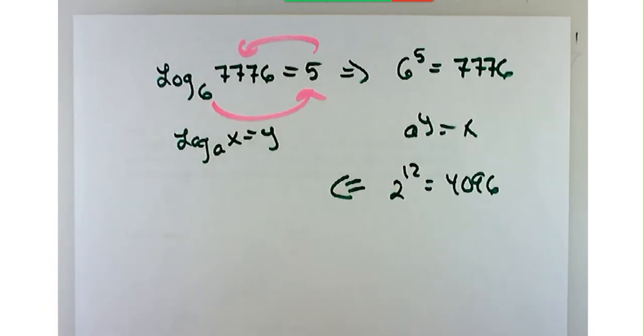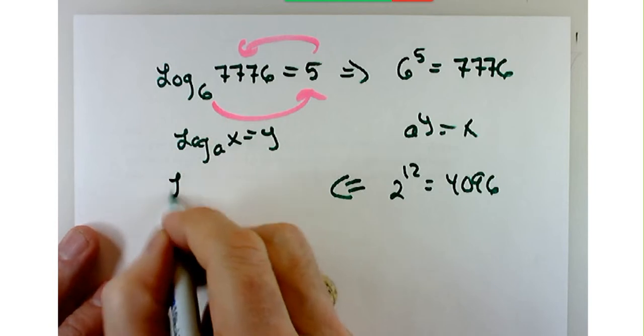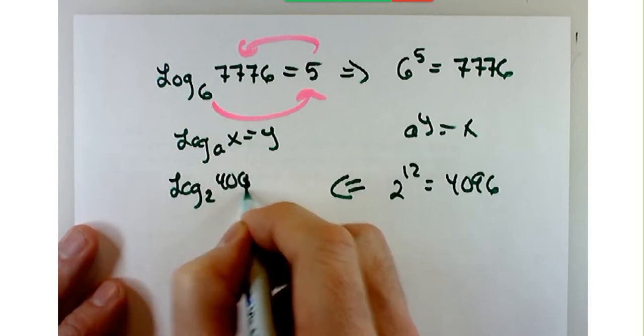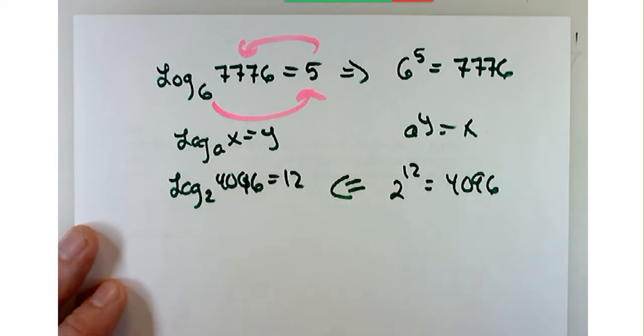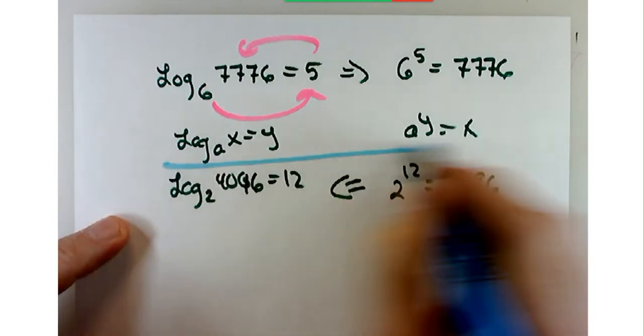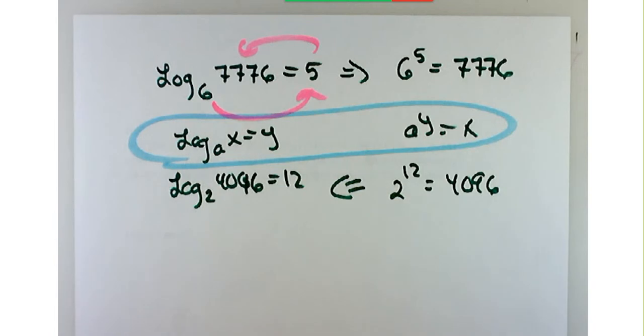Log base 2 of 4,096 equals 12. Perfect. So if you remember this relationship right here in the middle, those are some quick points you can get on the exam.